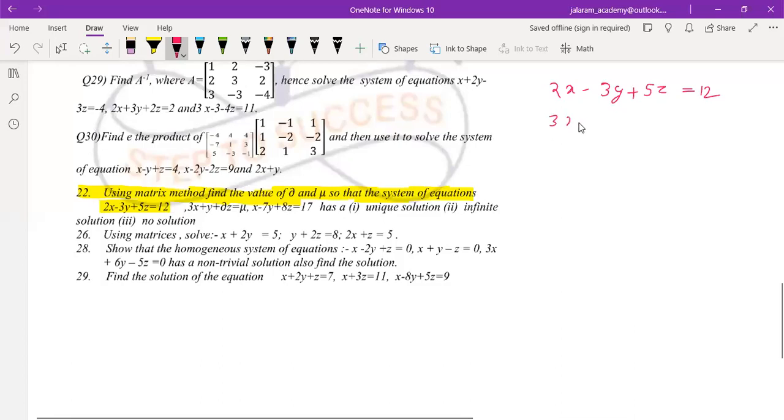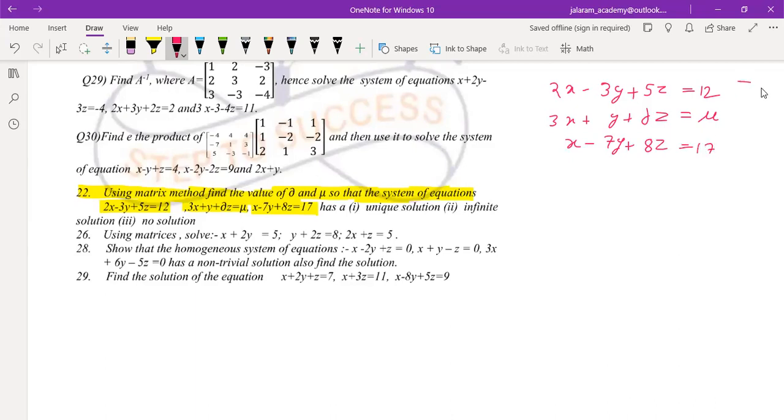Second equation is 3x plus y plus delta z equals to mu. And then the third equation is x minus 7y plus 8z equals to 17.